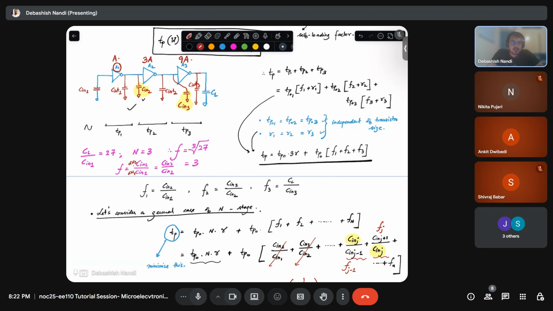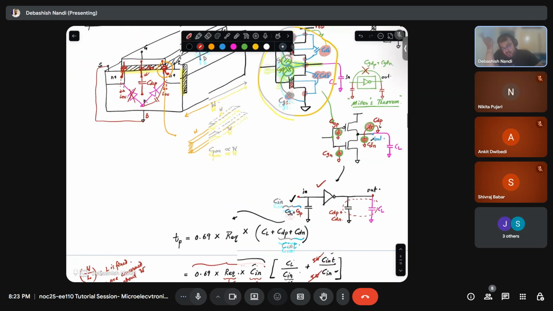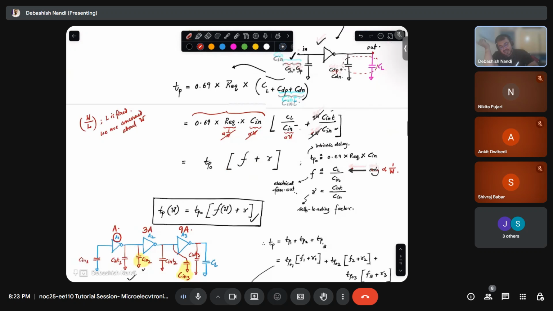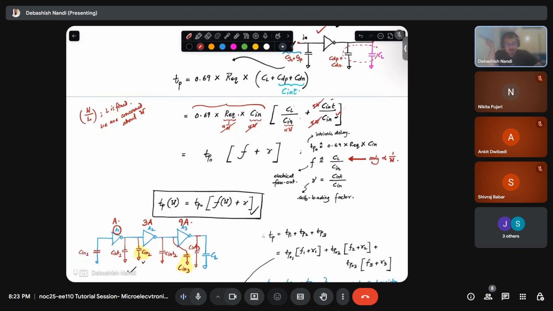So why did I do the entire stuff? The entire derivation is because even if you are given an arbitrary number of stages, for example, they can change the mobility ratio, or some condition on this gamma, or on this TP0.